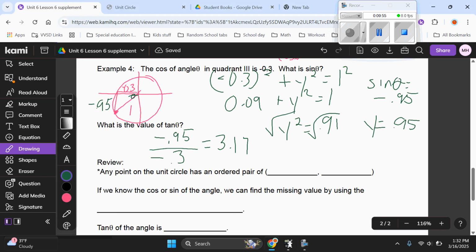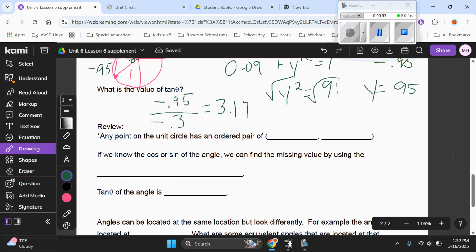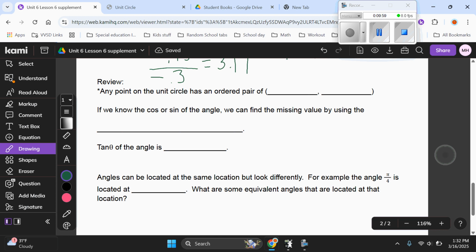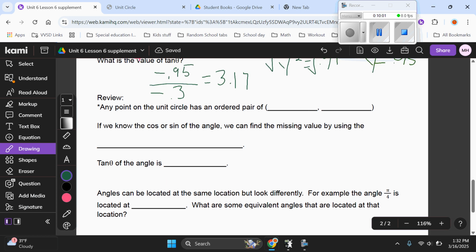Okay, all right. Quick review to just wrap up everything that we've been doing up until this point. Any point on the unit circle has an ordered pair of cosine theta, sine theta. If we know the cosine or the sine of an angle, we can find the missing value by using the Pythagorean theorem.